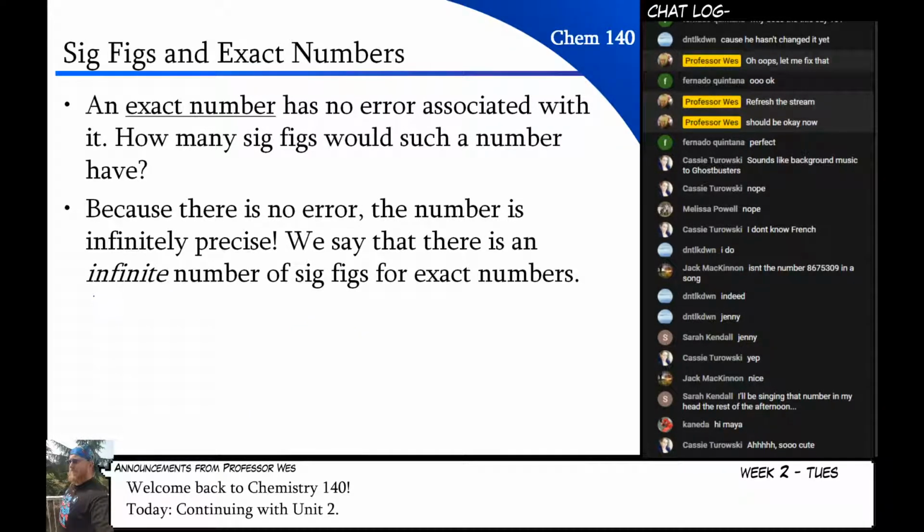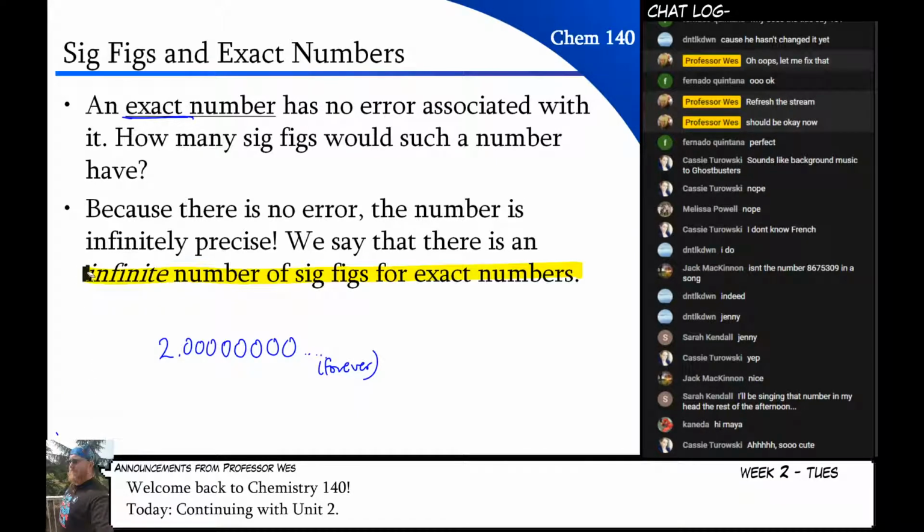Now, if we have an exact number, it would imply this. Exactly 2 would be 2.0000000. All those zeros are known forever. There are an infinite number of sig figs. I changed the highlighter color there. There are an infinite number of sig figs for exact numbers.